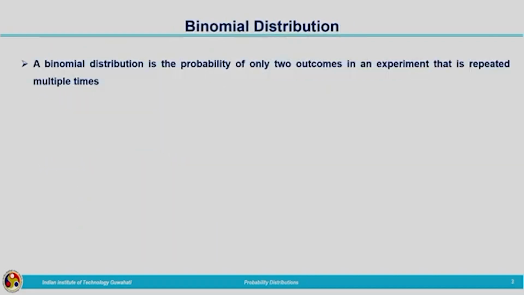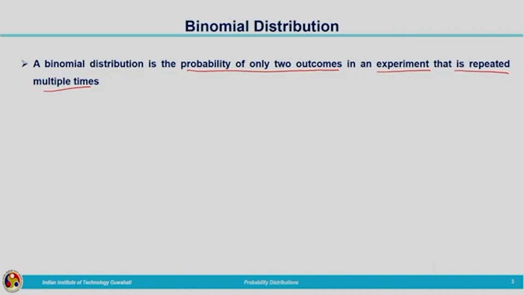First one is the binomial distribution. A binomial distribution is the probability of only two outcomes in an experiment that is repeated multiple times. That is, in this case, the outcomes are only two. You can consider the case of tossing a coin. What are the two different types of outcomes which you are expecting?